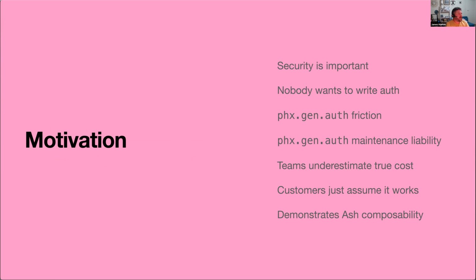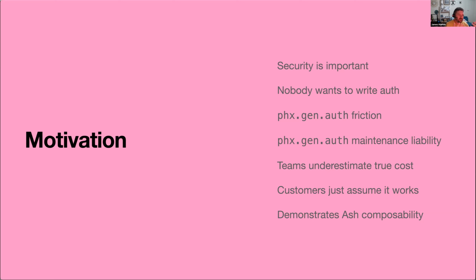So some of the motivations for us to write Ash Authentication was that, as we said, security is important and no one wants to write it, but also the prevailing tool in our ecosystem is Phoenix GenAuth. And Phoenix GenAuth generates a bunch of code for you, and then people are going away and trying to convert that to work with Ash resources and actions.